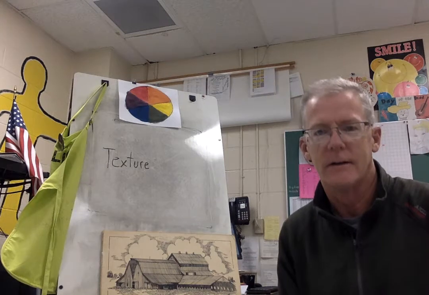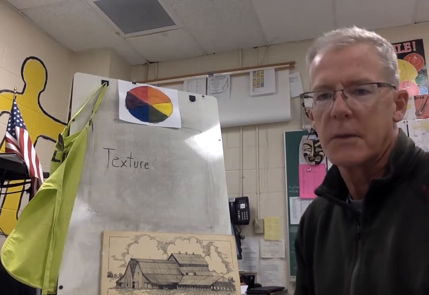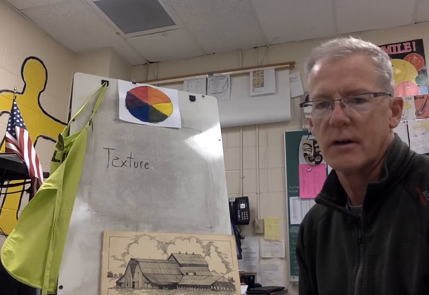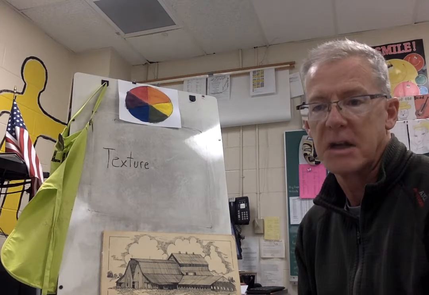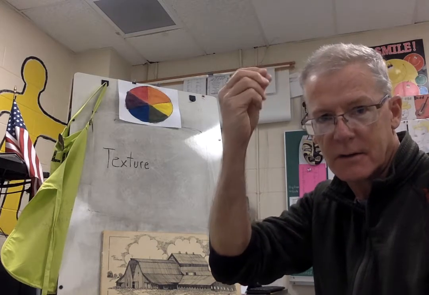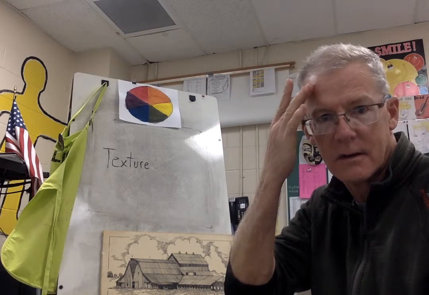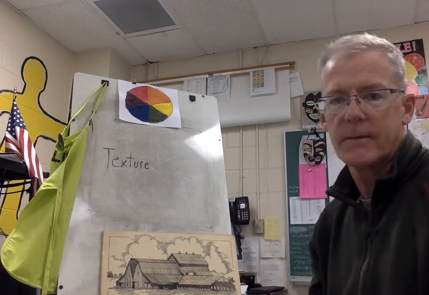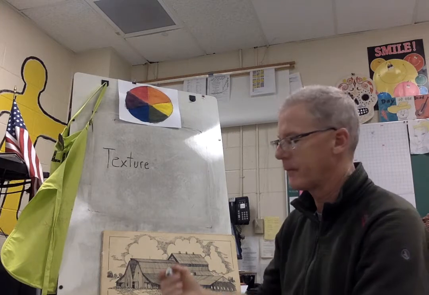Today's lesson, you'll look at my board. It says texture. So what is texture? Texture is how something feels. Okay, so if you have a piece of paper, write that down.